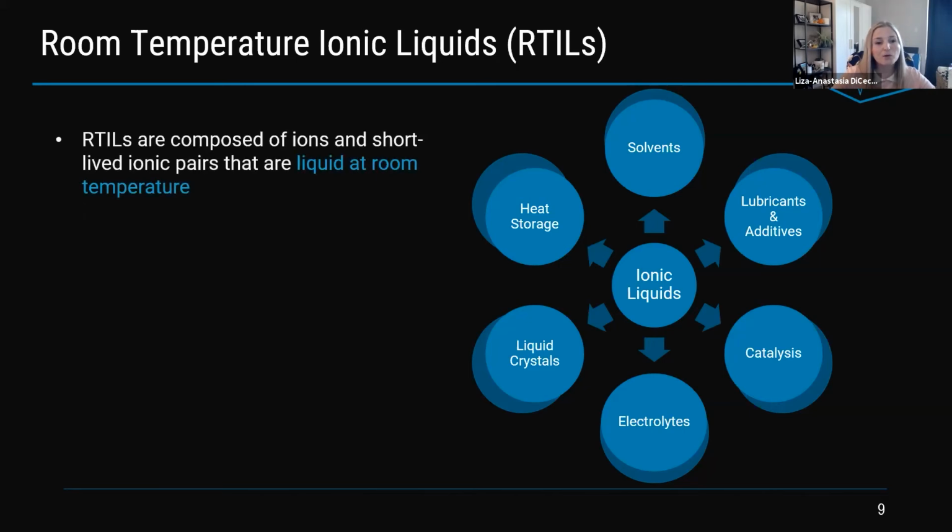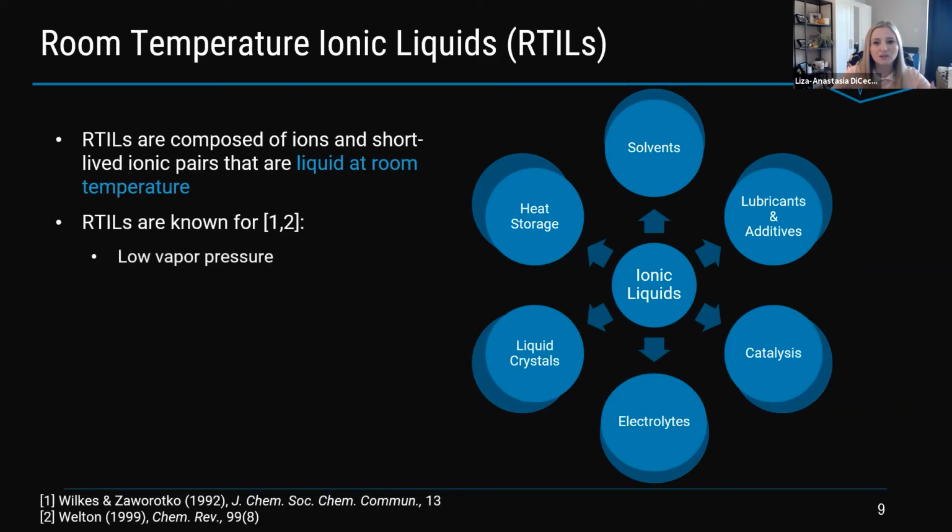They are composed of ions and short-lived ionic pairs that are liquid at room temperature, and they're known for their low vapor pressure, high ionic conductivity, non-combustibility, and they're also really good solvents. They can dissolve a number of substances, and they're often referred to as designer substances or designer solvents.